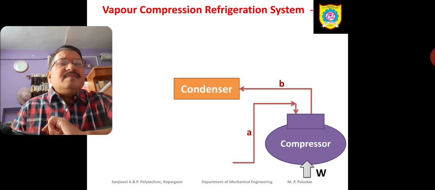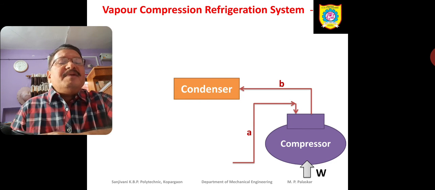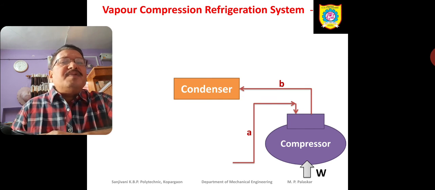condenser. So in the condenser, the refrigerant vapor will be cooled, and due to cooling, this refrigerant vapor is condensed from vapor to liquid. First of all, this refrigerant vapor is superheated.